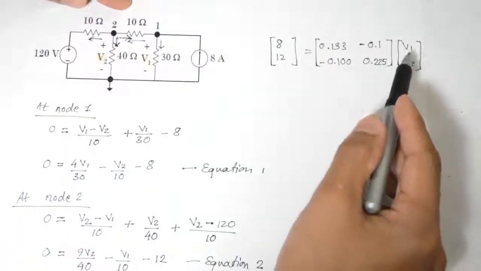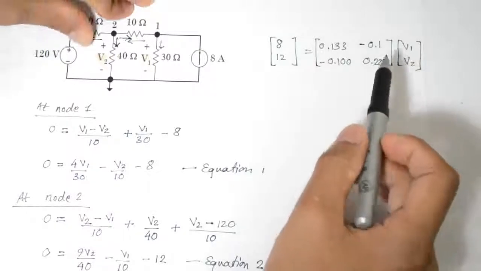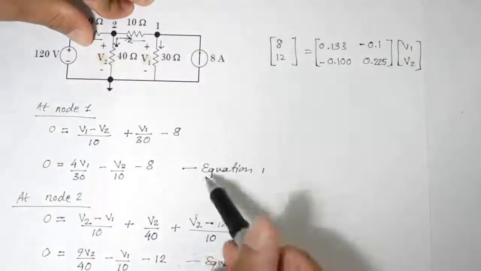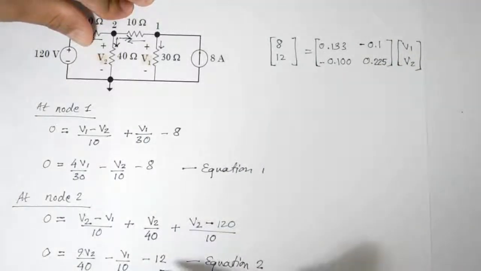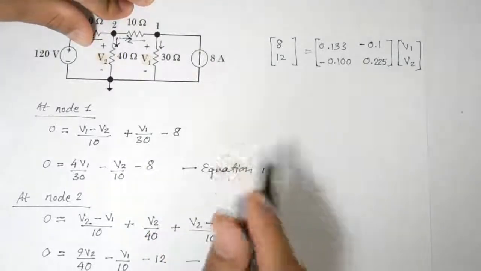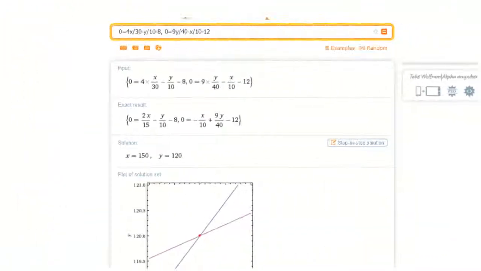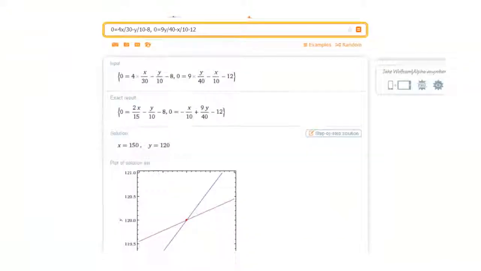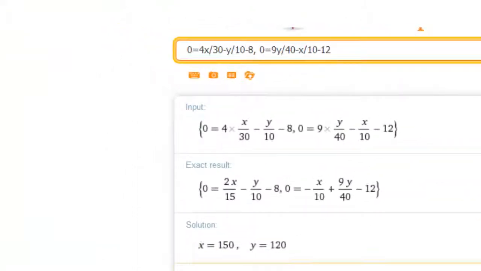You could either do this way, or you could just plug these two equations into Wolfram Alpha and it'll give you the values for V1 and V2. Okay, so now I've typed my two equations into Wolfram Alpha for x being V1 and y being V2. So as you can see, it's giving me x equals 150, which means our V1 equals 150, and y equals 120, which means V2 equals 120.